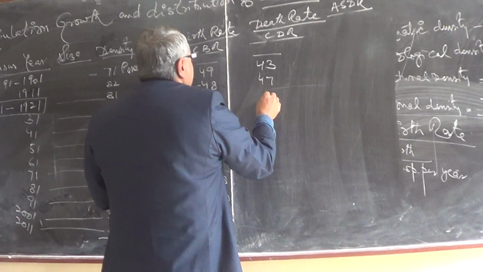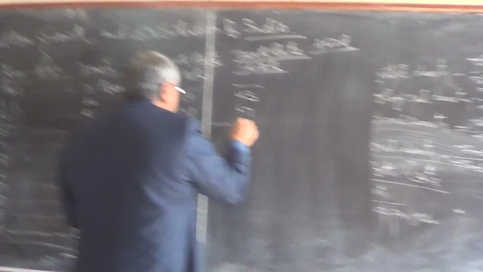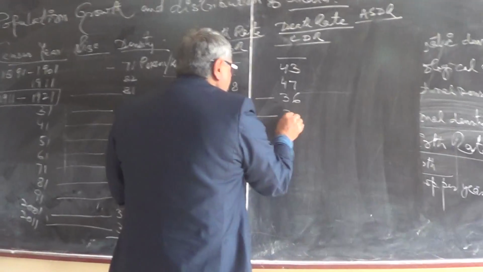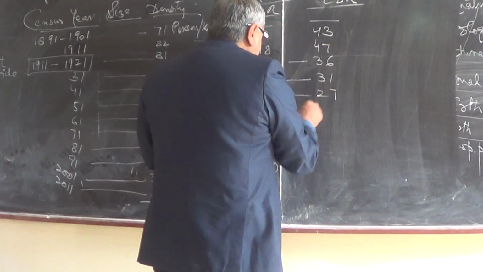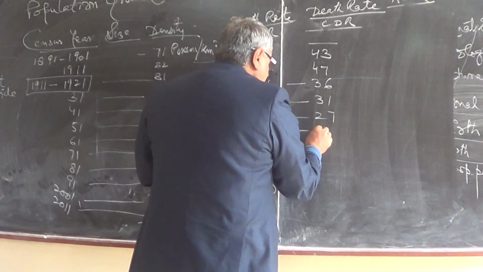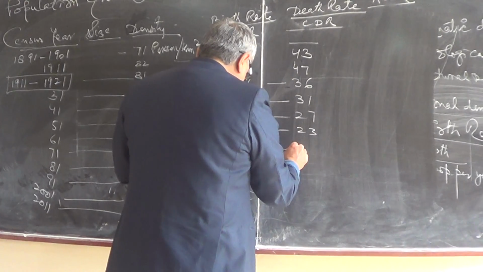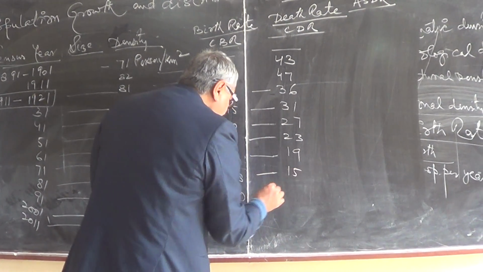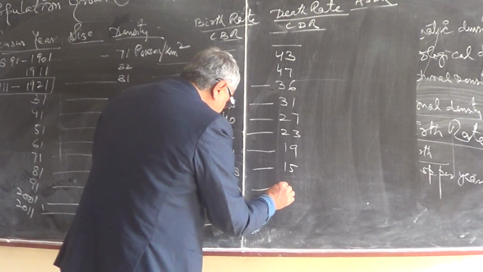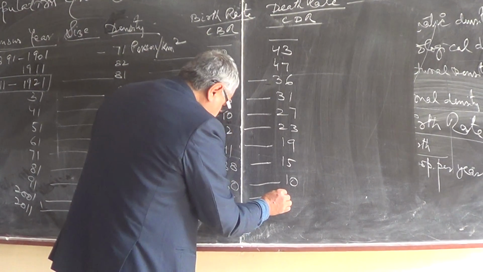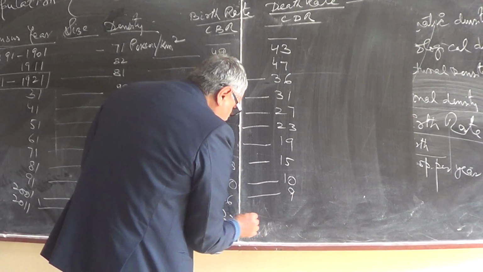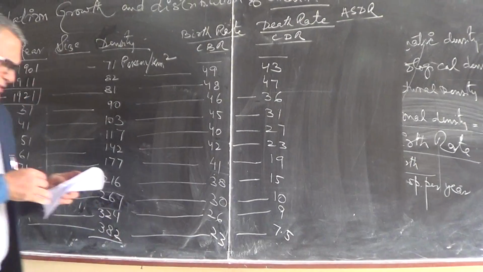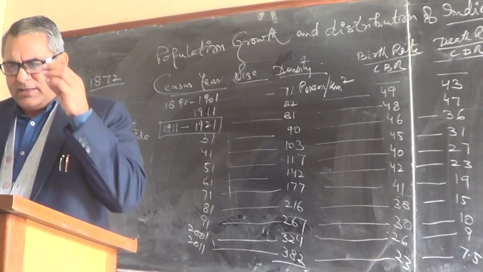Deaths were 47, 36, then 31, 27, 23, 19, 15, it is 10, 9, now it is 7.5, only 7.5 deaths.